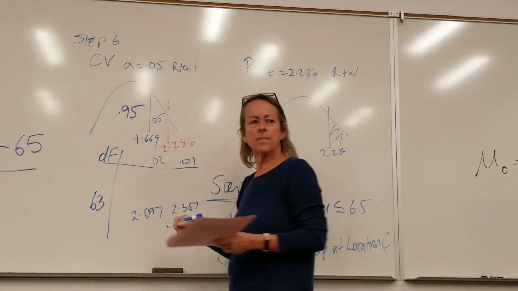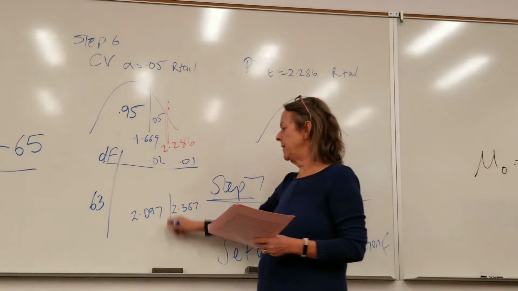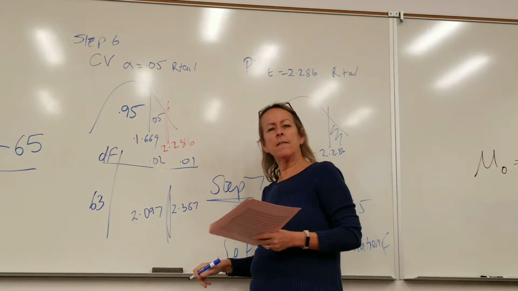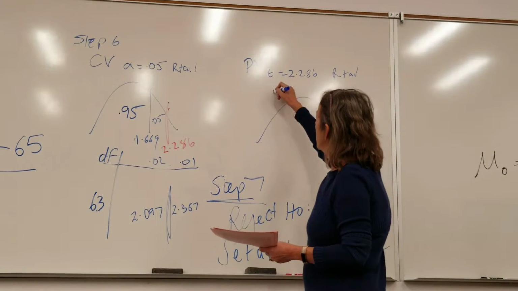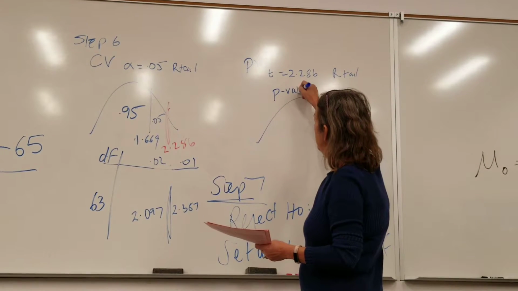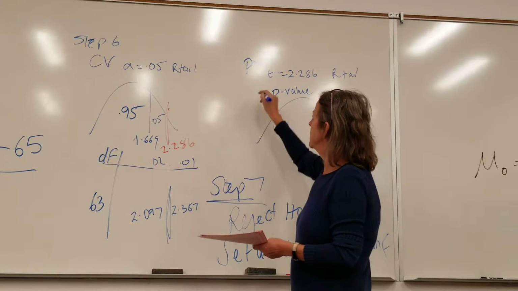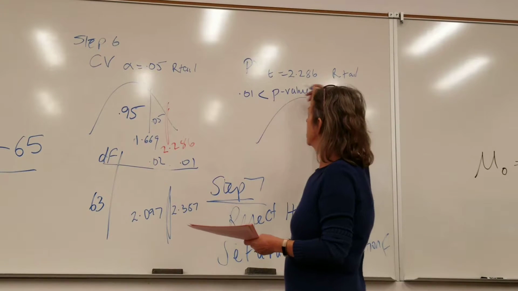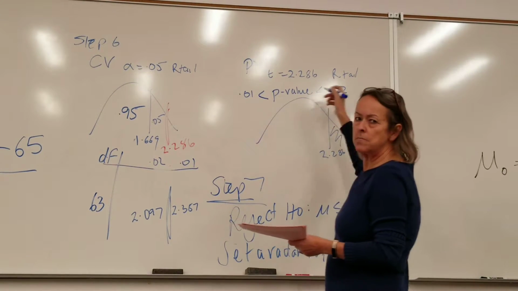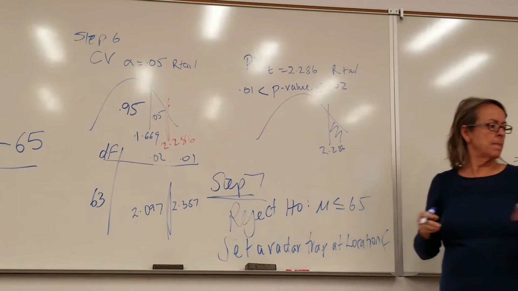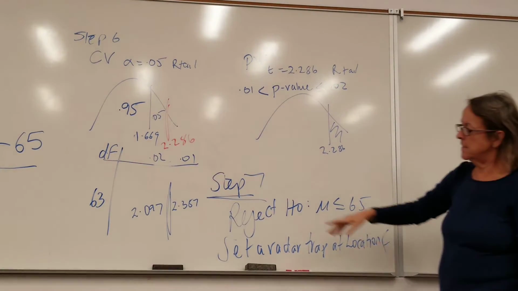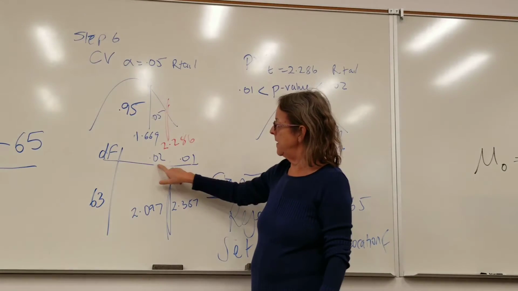Do you agree? Yes. That's what you see. And you know it's in here somewhere, don't you? In between there and there. So what you're going to write is that the p-value is more than 1% but less than 2%. Because it's in between here and here.